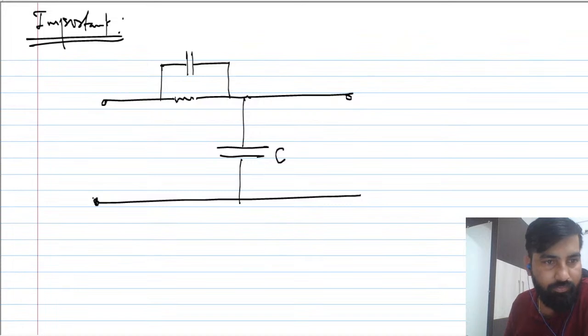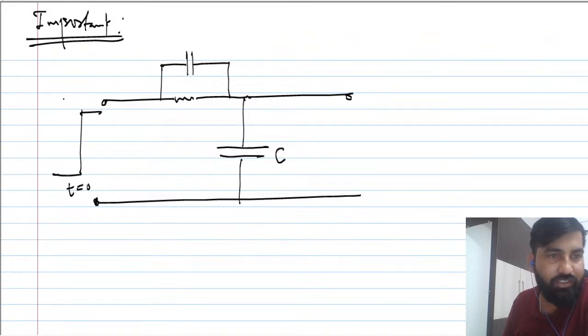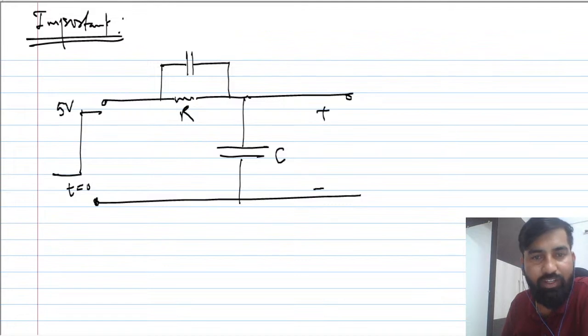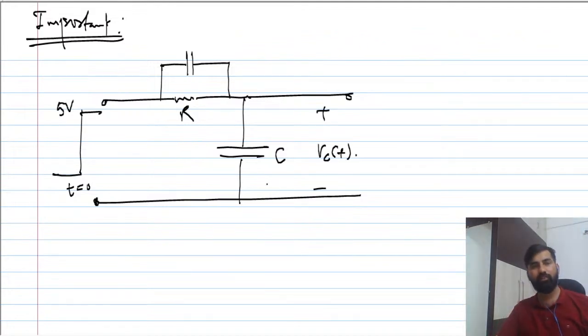Okay, and we are applying the voltage at t equal to 0, that is 5 volt, or V in. This is R. Now we have to find the voltage across this capacitor, VC(t). So guys, can you tell me what will be the initial rate?